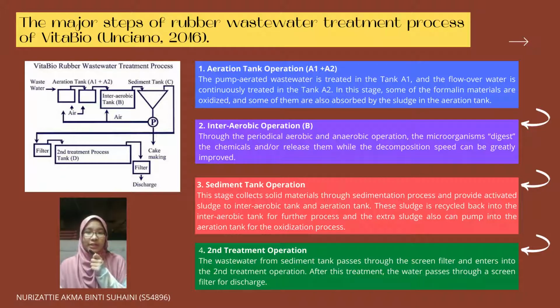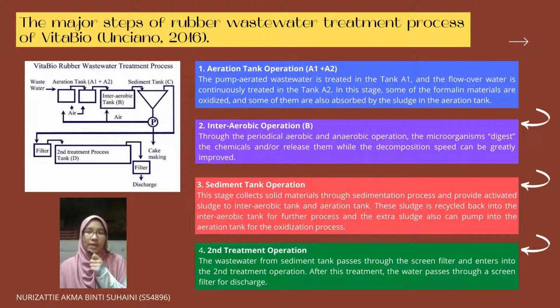Next, through the periodical aerobic and anaerobic operation, the microorganisms digest the chemicals and or release them, while the decomposition speed can be greatly improved. Thus, this operation procedure can have much better performance than a single aerobic or single anaerobic operation procedure, and it also shows better efficiency.